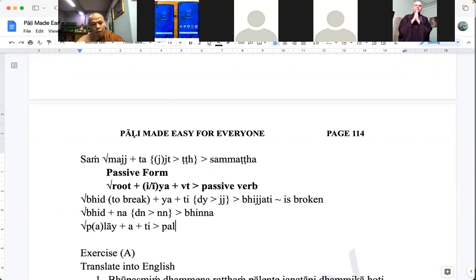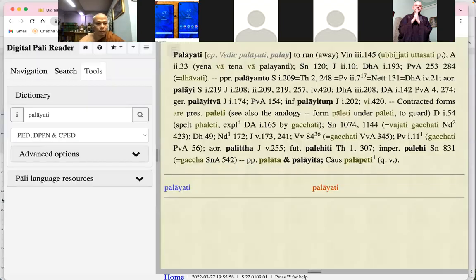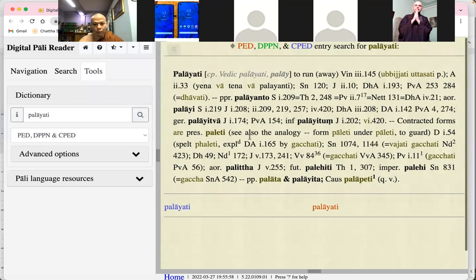So palayati. For that one, in the dictionary, we can see. Even though here the root is pala already, commonly most roots have only one syllable, one sound. So here pala is two sounds. That is why maybe this a is inserted like this.